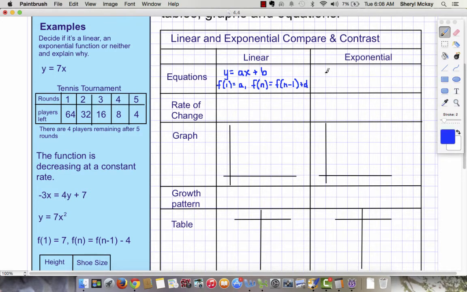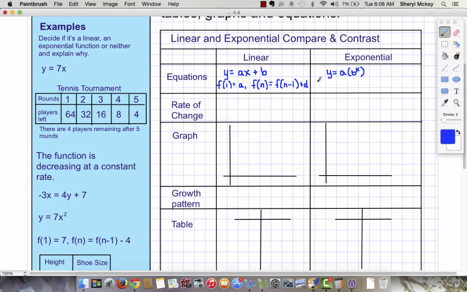Our exponential equation looks like this. Y equals a times b to the x power. It's a little bit different than what I showed you in the last video, mainly because oftentimes our a is our starting term, it's where we're starting, and b is our common ratio that is going to be put to the power of all of the different x's, okay?